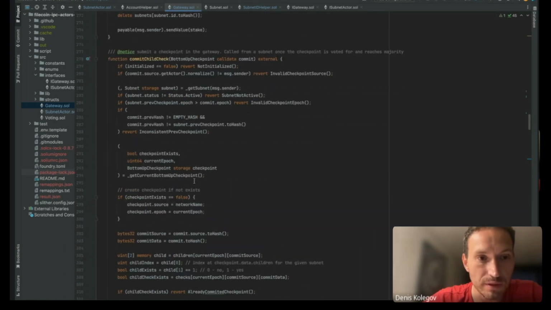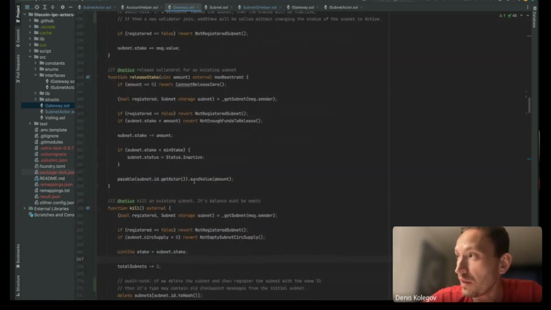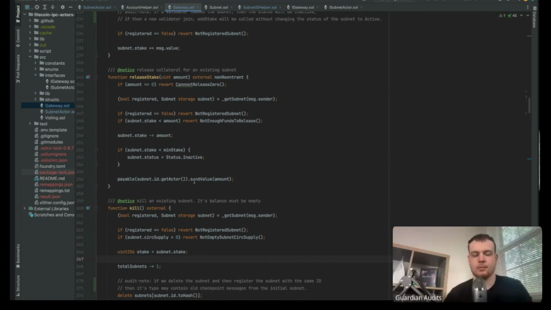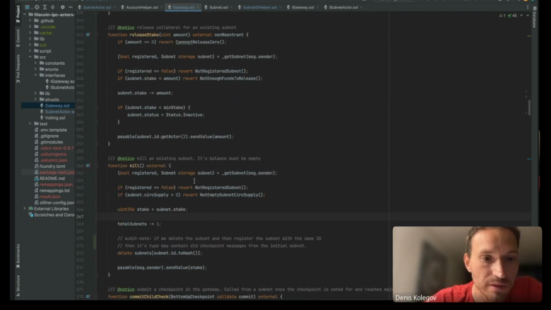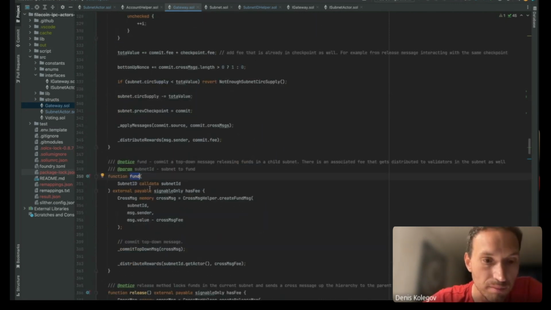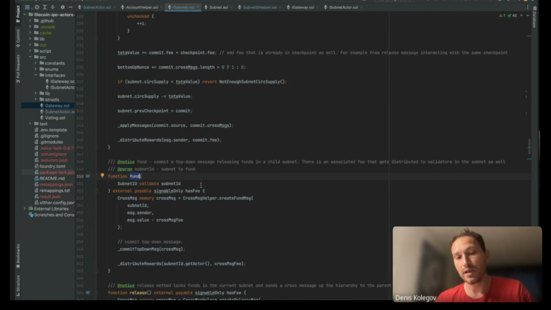For example, if I have an account in a root network, and subnet A is a child subnet of the parent, I can call the fund method and send my money from the root network to the subnet within the same account. I can have different accounts in different subnets, right?